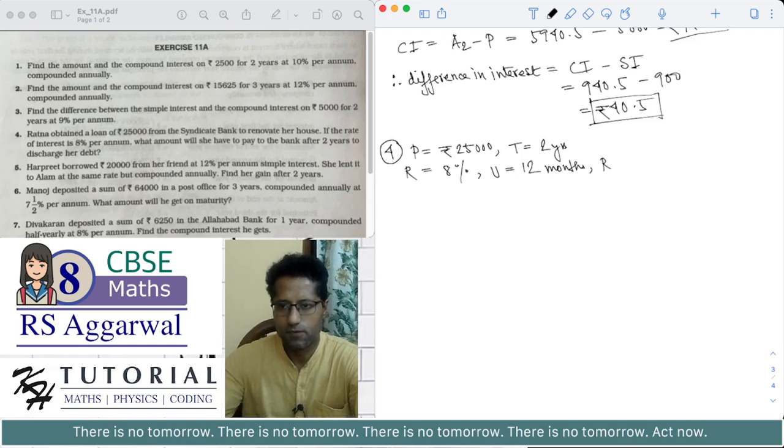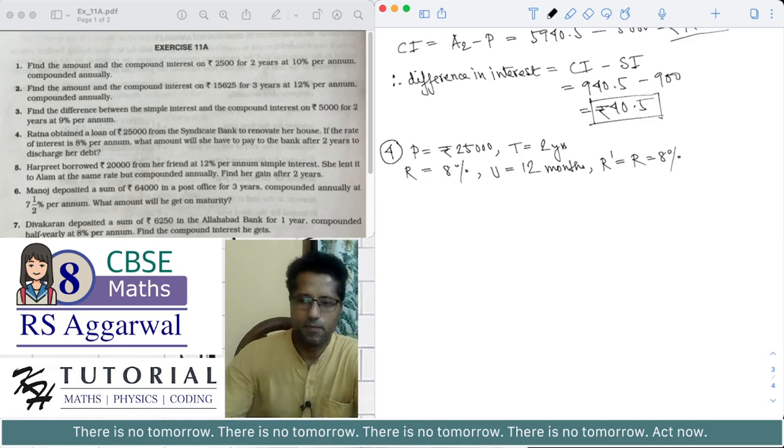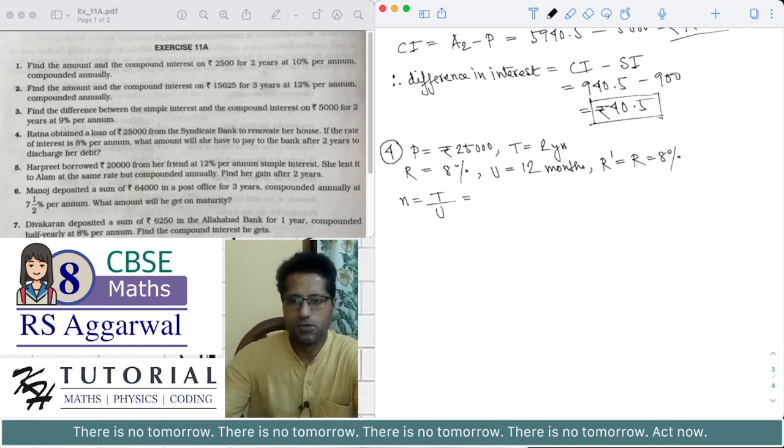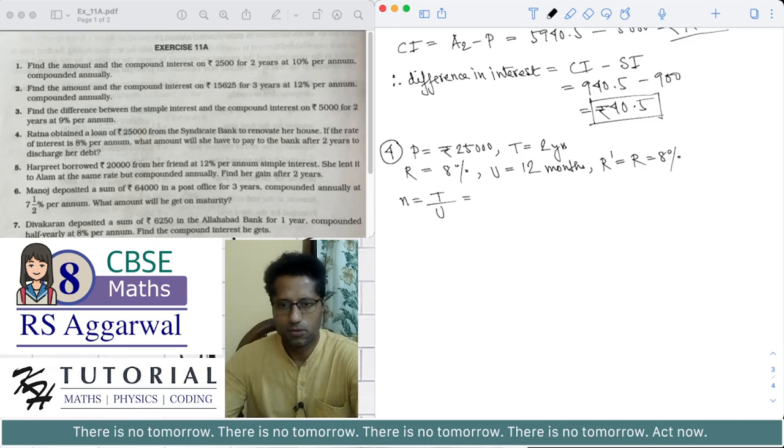Therefore, R dash will be equal to R, which is 8%. And also, how many times do we have to calculate the interest? N is equal to T by U. Here T is in months and U is in months. So T, the total time, is 2 years, so 2 into 12 divided by U, which is 12. So this is 2.